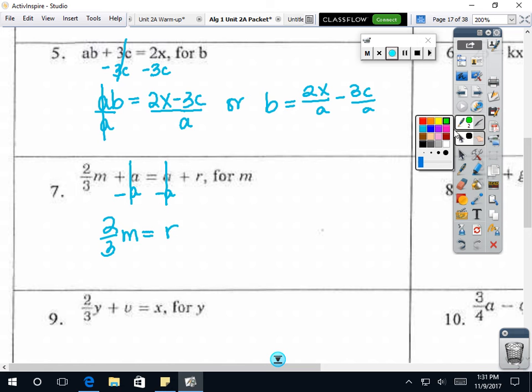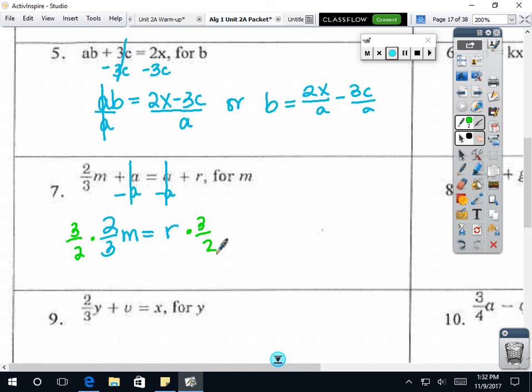Now to get m by itself, what do we do? Right. It is multiplication right now, and so normally we would divide. But instead of dividing a fraction by another fraction, I taught you to keep it, change it, flip it, which you actually learned in middle school. You multiply by the reciprocal on both sides.